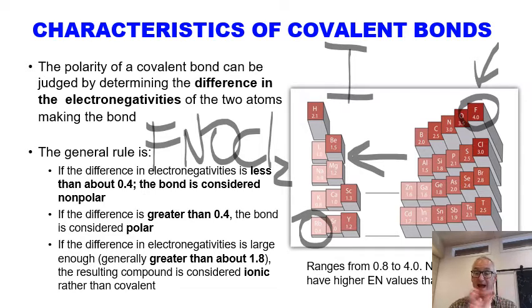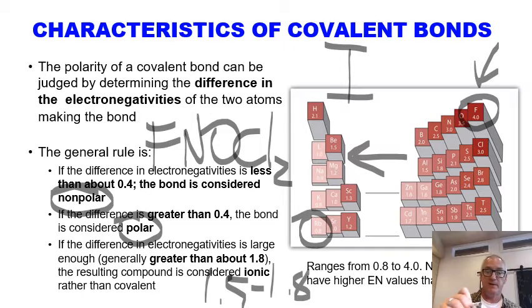So when we're trying to calculate whether or not something is polar or nonpolar, if the difference in the electronegativities of the two elements is around 0.4 or less, we say that's nonpolar. If the difference is greater than that, we say it's polar. And if the difference is really high, like above 1.5 to 1.8, we consider that ionic.